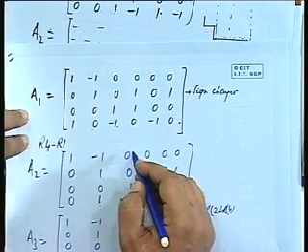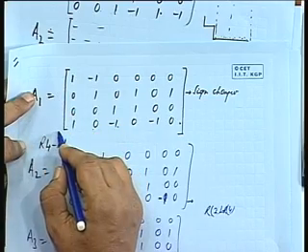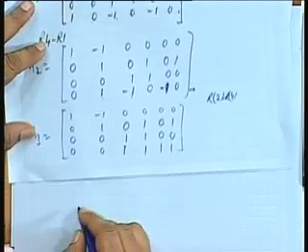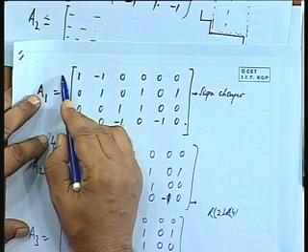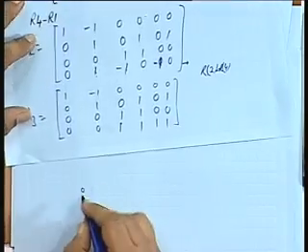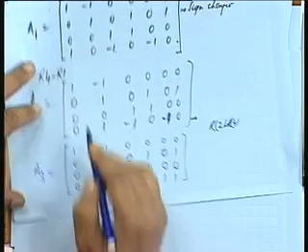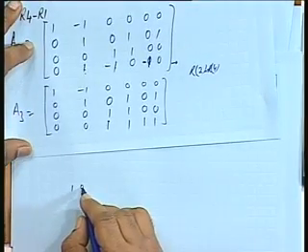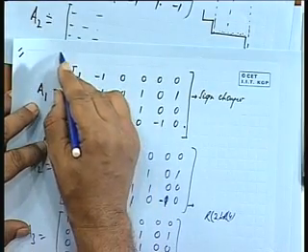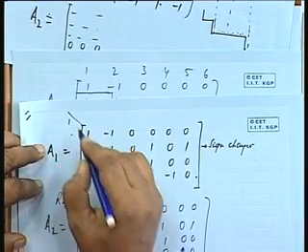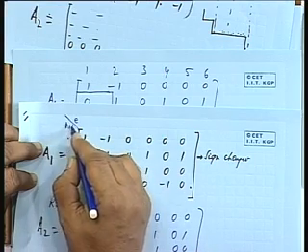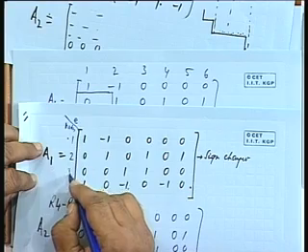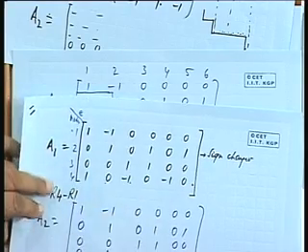Let us see the original graph. If this is a 5 node system including the reference, then what it was like. Suppose this is node 1, element 1, this is node 1 and these are the elements, nodes 1, 2, 3, 4, fifth one is the reference.